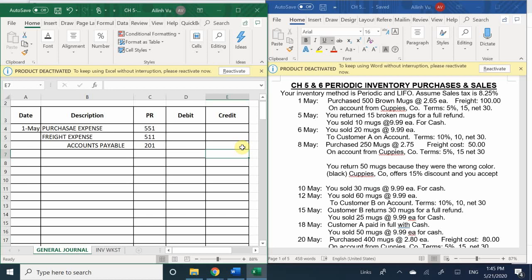Well, I already plugged in the numbers, and I just went along with what it says. 500 times the unit cost, which is 265, and I got a debit amount of 1325 for the purchase expense.